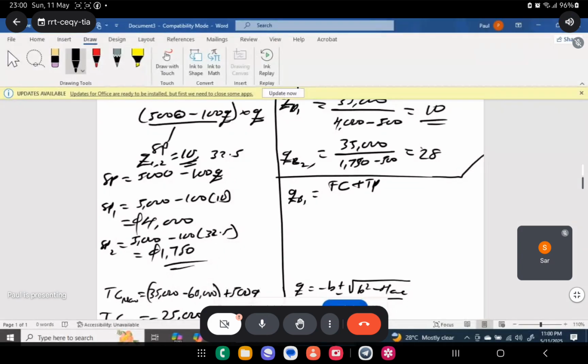But this instance is a loss, so we subtract. So we get our 35,000 minus our 60,000, that was the loss, divided by the 4,000 minus 500. That's the first one.